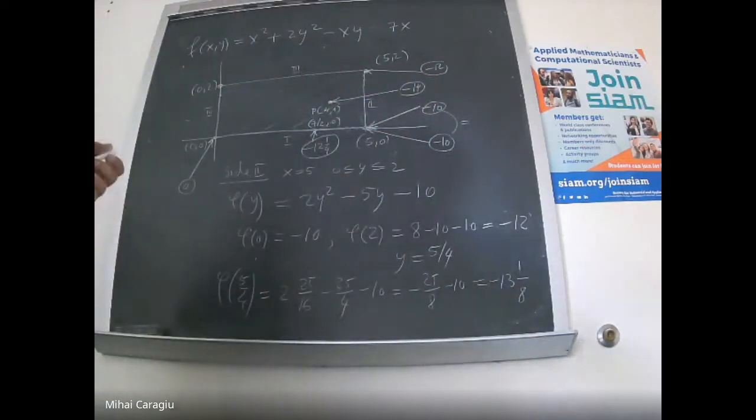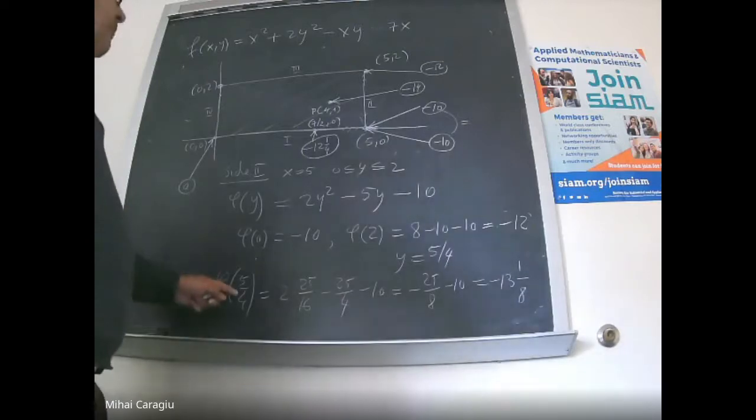Because minus 25 over 8, how many times does 8 enter 25? 3 times and 1 over 8. So minus 13 and 1 over 8 when y equals 5 over 4.